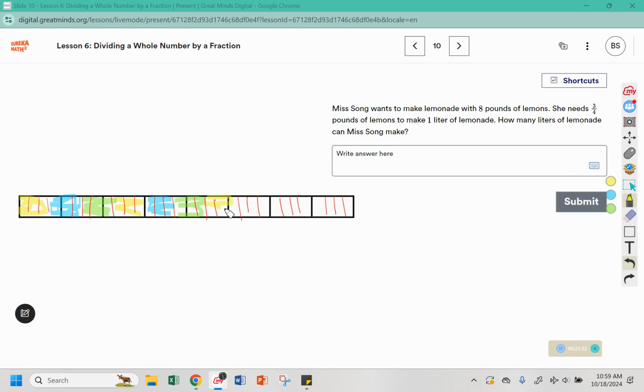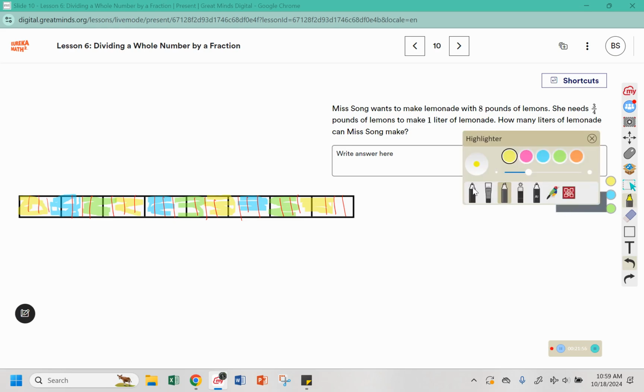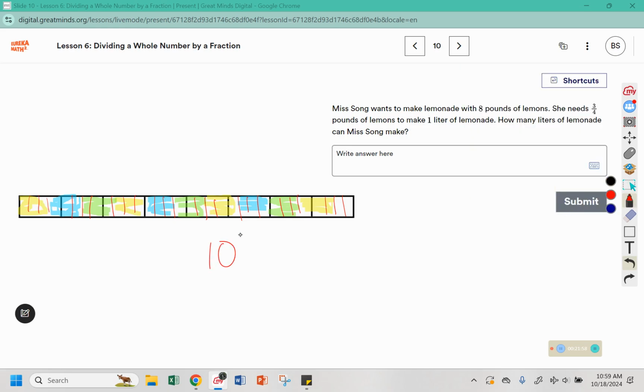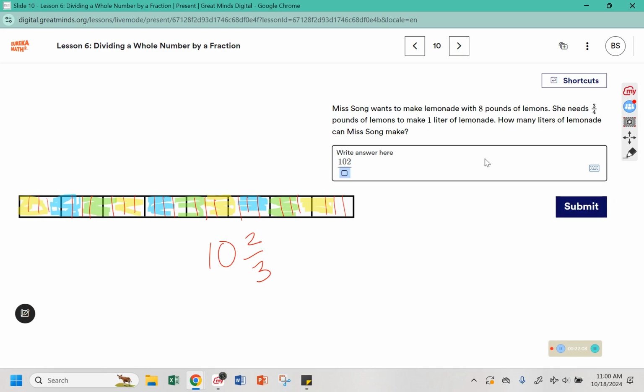A seventh section. 8 sections. 9. 10. And I have 2 left out of 3 that I need to make a group. So 10 and 2 out of 3 that I need to make another group. So she can make 10 and 2/3 of a liter.